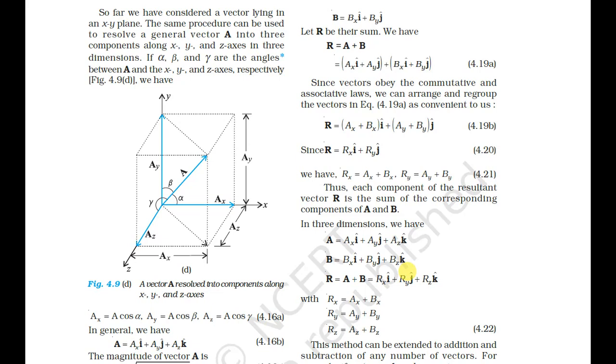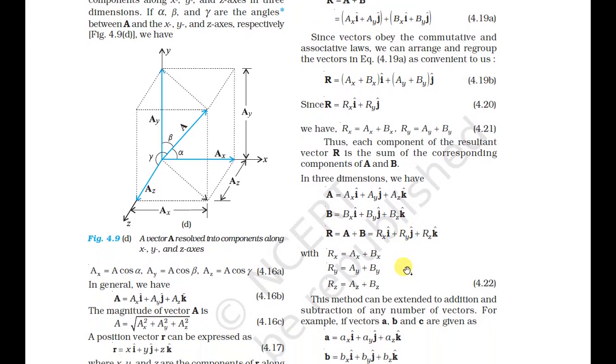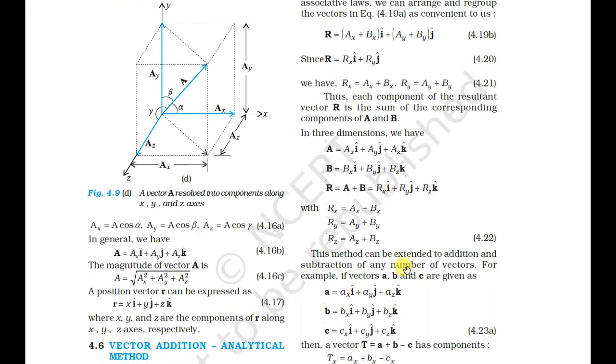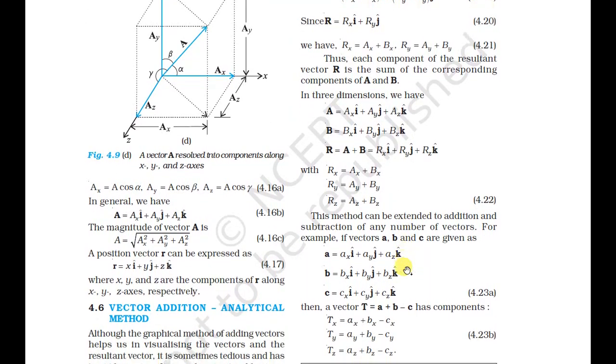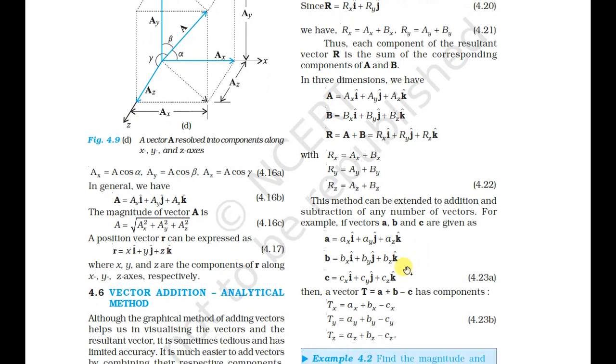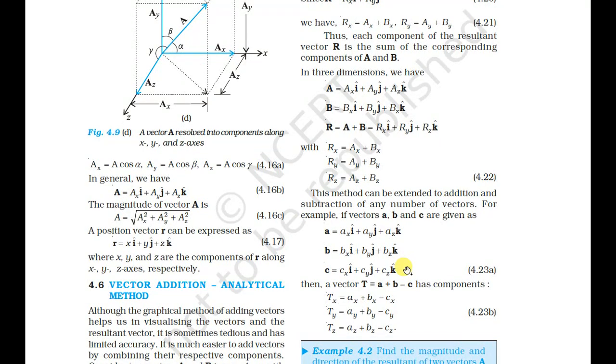This method can be extended to the addition and subtraction of any number of vectors. For example, if vectors A, B and C are given, A equals Ax i cap plus Ay j cap plus Az k cap, B equals Bx i cap plus By j cap plus Bz k cap, and C equals Cx i cap plus Cy j cap plus Cz k cap.